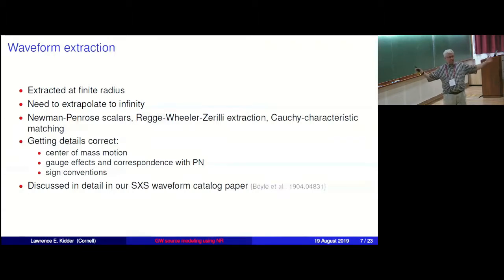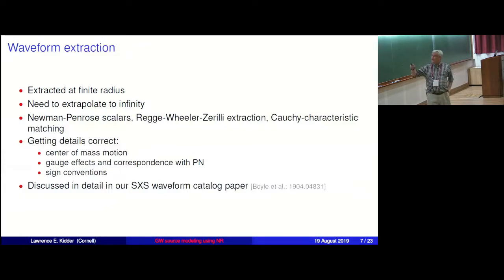Typically, we put our outer boundary between, say, 300 and several thousand times the mass of the system. At several radii you extract, and then you use the fact that Newman-Penrose scalars have certain fall-off behavior as you go to infinity, and so you do an extrapolation in 1 over the radius and take out the leading order term.